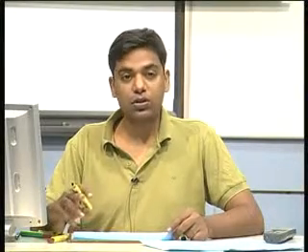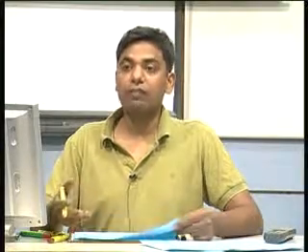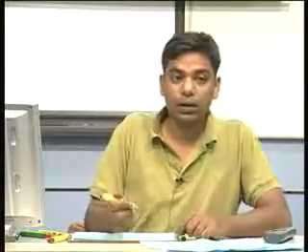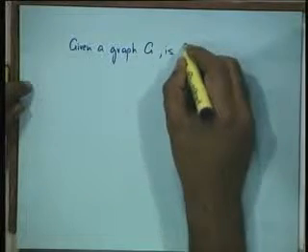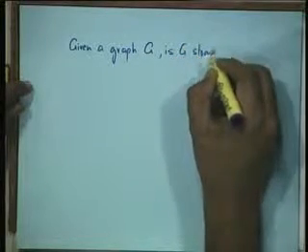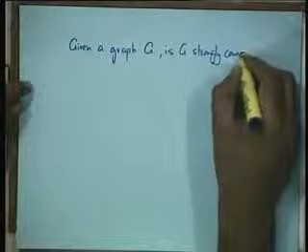Good. So, I told you what a strongly connected graph is and what a weakly connected graph is. So, a natural question is, given a graph G, is G strongly connected?